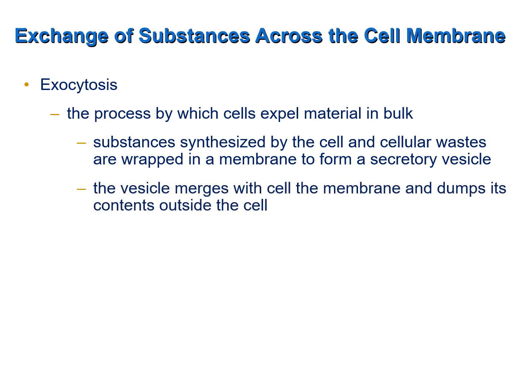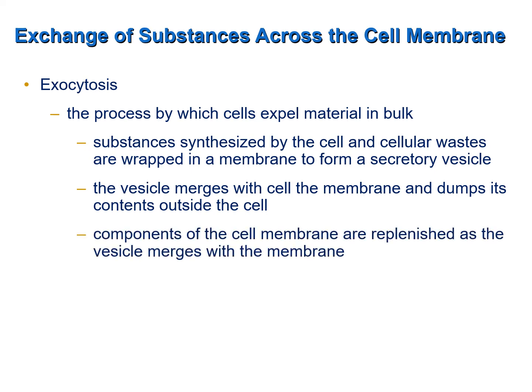The secretory vesicle then migrates toward the cell membrane, merges with the cell membrane, and dumps its contents outside the cell. As the membrane of the vesicle merges with the cell membrane, components of the cell membrane are replenished.